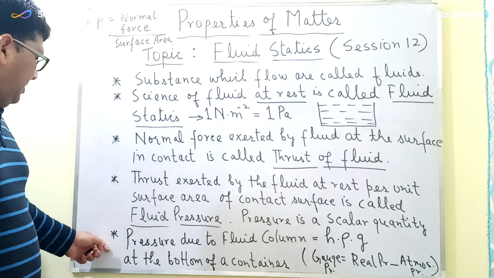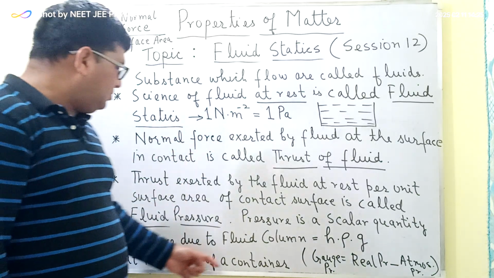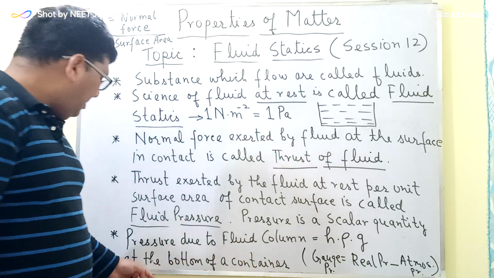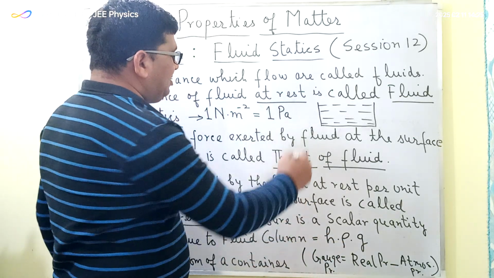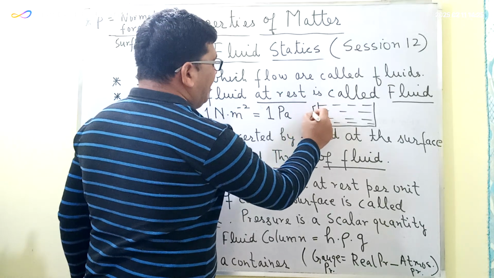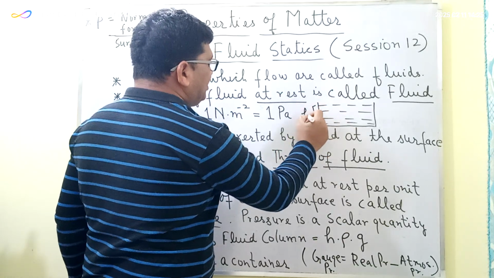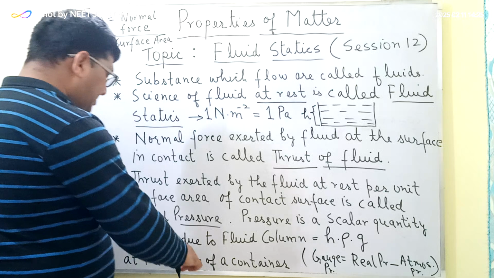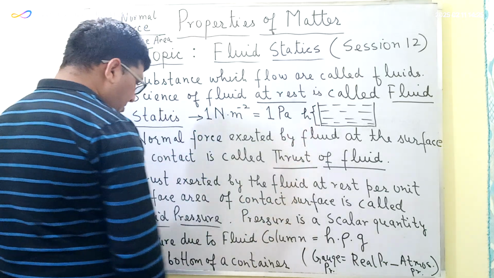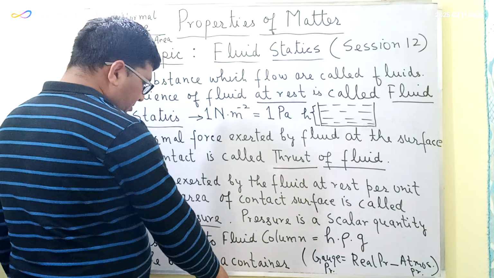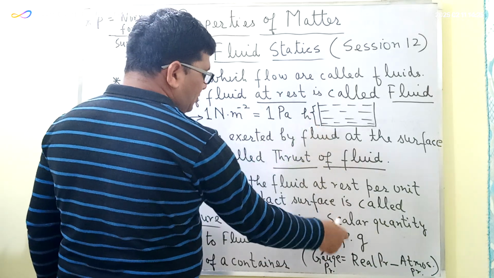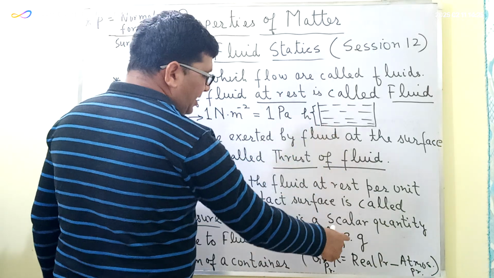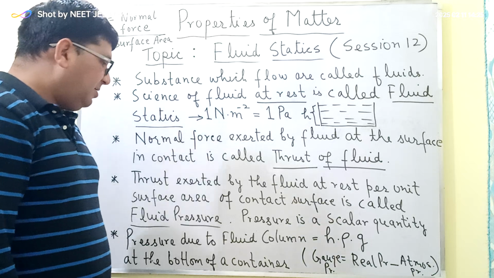The next important point is that the pressure due to a fluid column at the bottom of the container is given by H into rho into G. So let us say this is the height of the liquid column, say it is equal to H. So the pressure exerted by this fluid column at the bottom of the container will be equal to H into rho, where rho is the density of this fluid and G is the acceleration due to gravity.